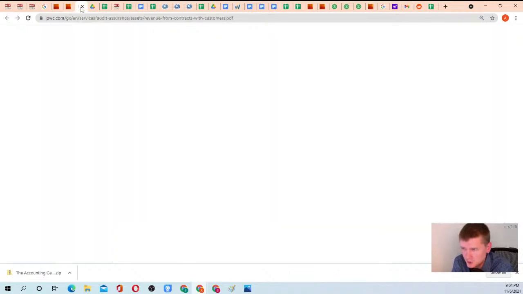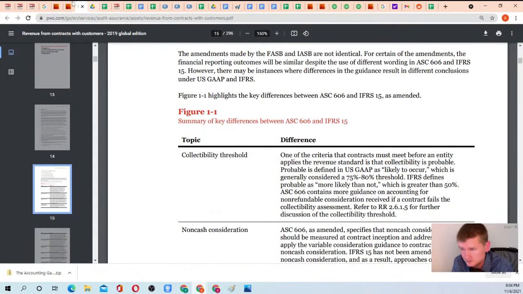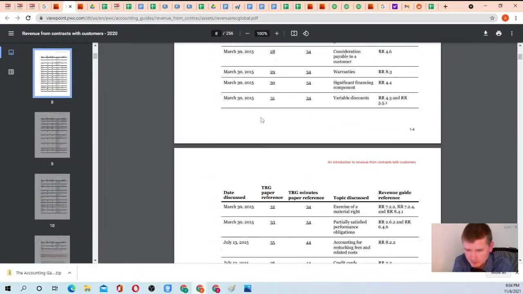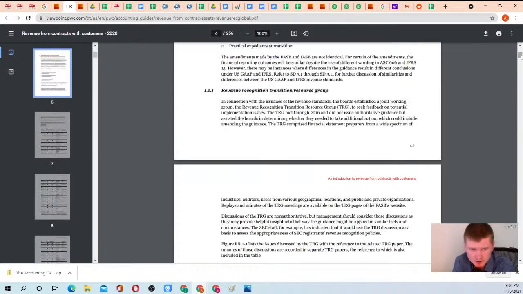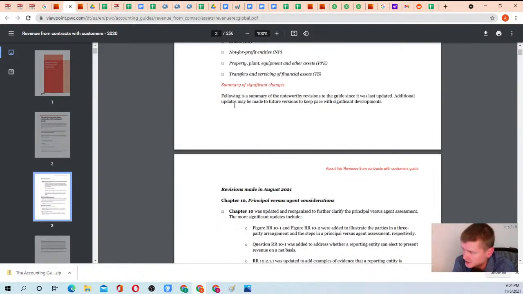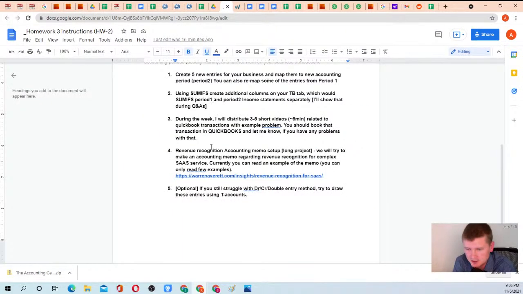In that memo, we will research the revenue recognition guidance. And we try to apply the guidance to a pretty complex revenue engagement. That contract will be a complex SaaS service.